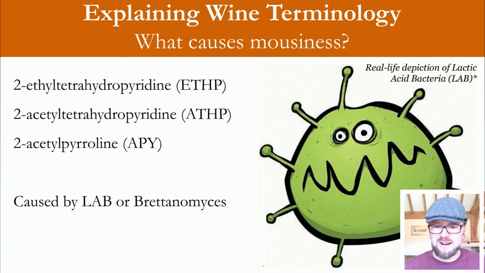You'll often find Brettanomyces bruxellensis as the key indicator. So lactic acid bacteria and Brettanomyces. So you're already thinking in your mind, if you study wine, you're thinking around natural processes of wild yeast, for example, and bacteria for this.